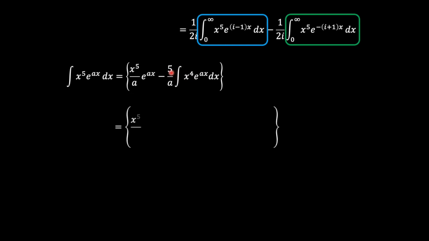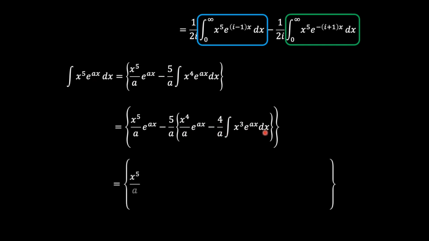So we pulled 5 out already in that case. Then we repeat the process again because this second integral is very similar to the initial integral, only that now the power belonging to x has shifted from 5 to 4. So we repeat the same process, and here again we have the product of u and v, x to the power 4 over a times e to the power ax, minus 4 over a, the integral of x to the power 3 e to the power ax.